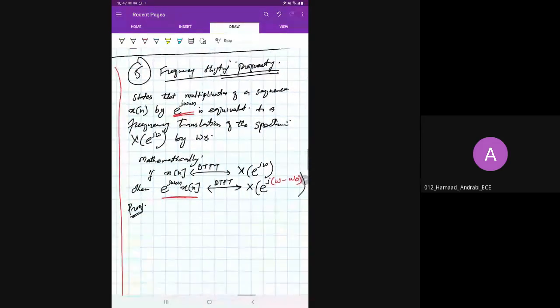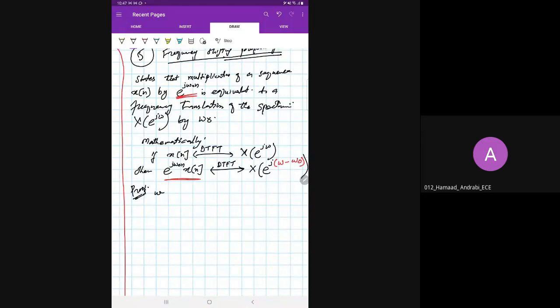Okay, so we know that the discrete time Fourier transform of x of n is equal to X of e raised to the power j omega, which is equal to the general formula: summation n equal to minus infinity to plus infinity, x of n e raised to the power minus j omega n.